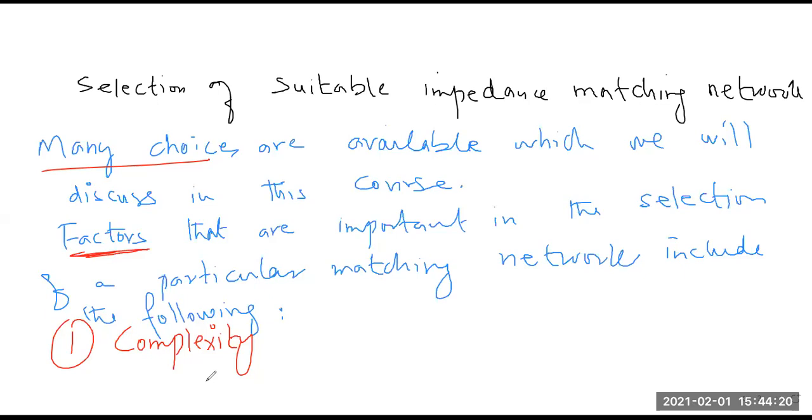The same selection criteria is also used for impedance matching circuits. If there are 3 or 4 impedance matching circuits available and all of them can solve your problem, you will find out which one is simple, and you will use that simple circuit to solve your problem. So this is one factor.